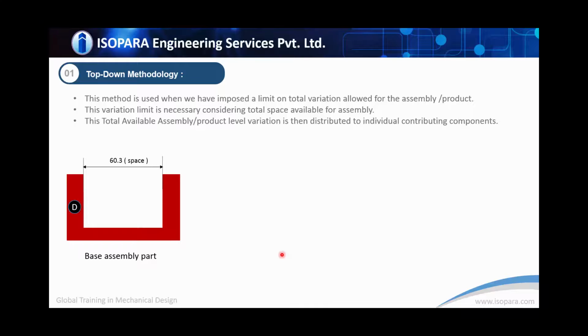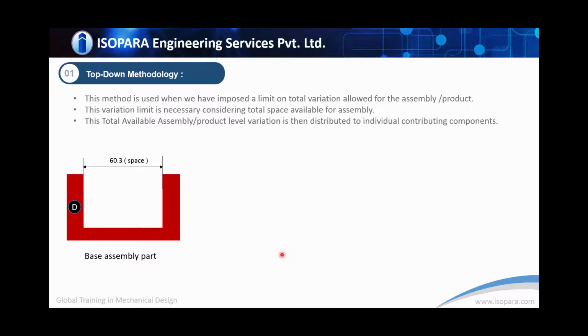This assembly level constraint you have to take into consideration while designing components of this concept and distribute the allowed variation to the components equally or as suitable as you want. Here in the given diagram we can see part D, which is a non-modifiable part and has a dimension limit of 60.3 mm.